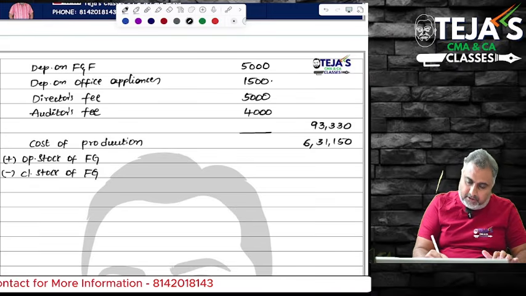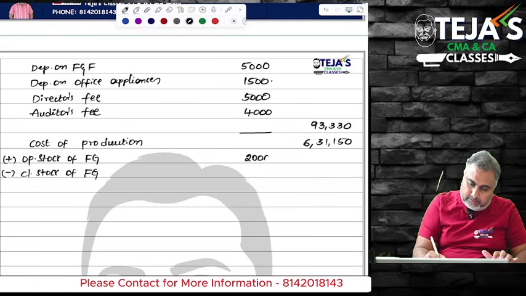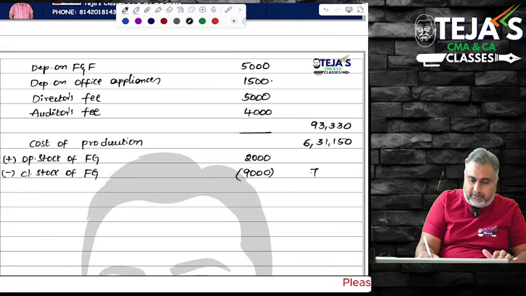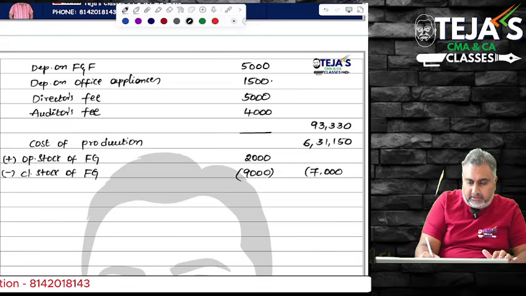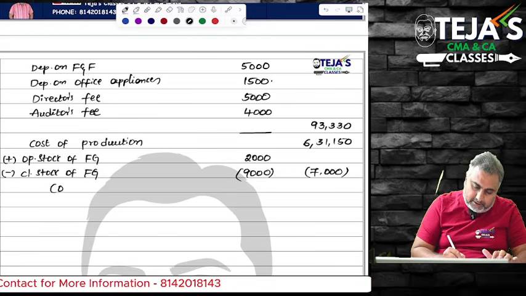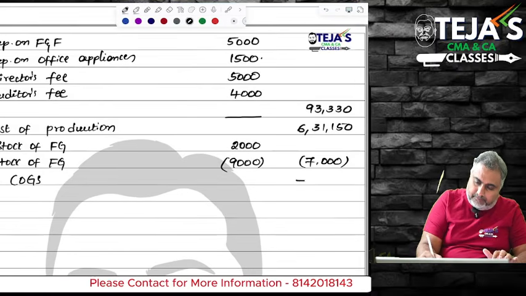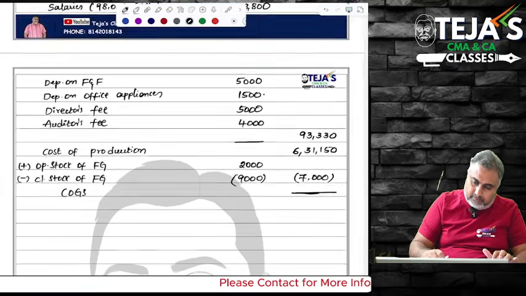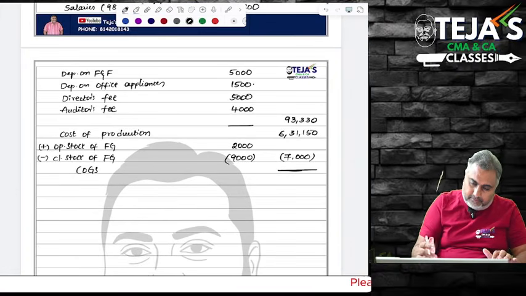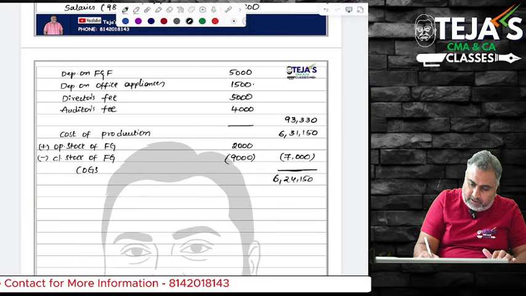Opening given is 2,000, closing given is 9,000. So we need to deduct 7,000. Then we get cost of goods sold, 6,24,150.